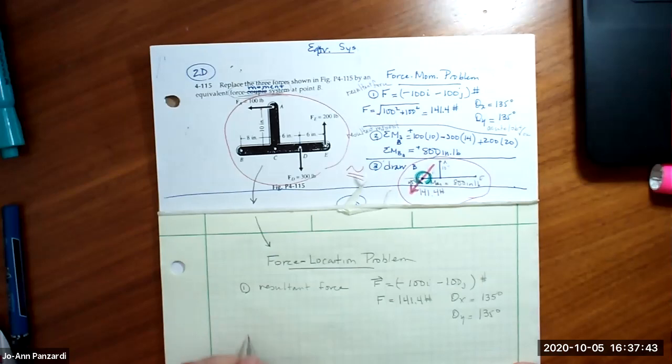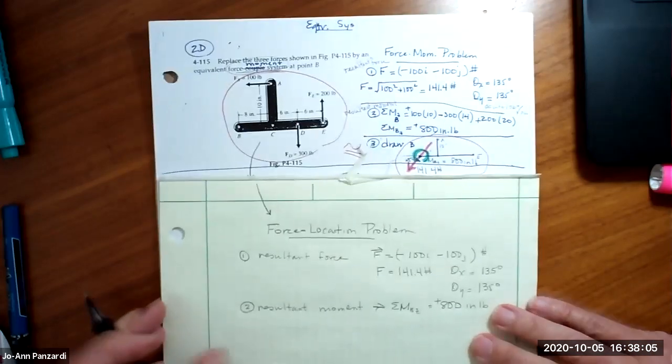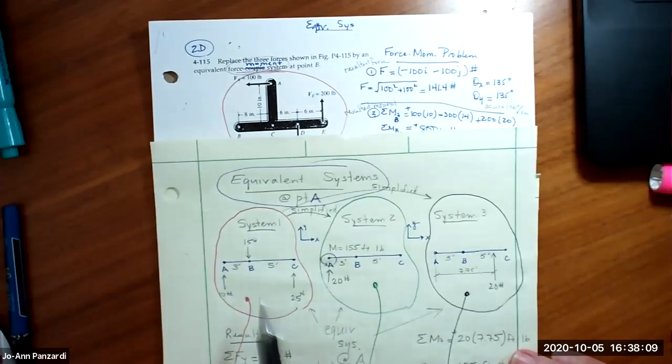The second step is to find the resultant moment, which we did also. We found that the sum of the moments about point B through Z was 800 inch-pound. So in a force location problem, let's look back at the ones I showed originally. Here's the system initially given. Here's a force moment problem, and here's a force at a certain distance that creates a moment.